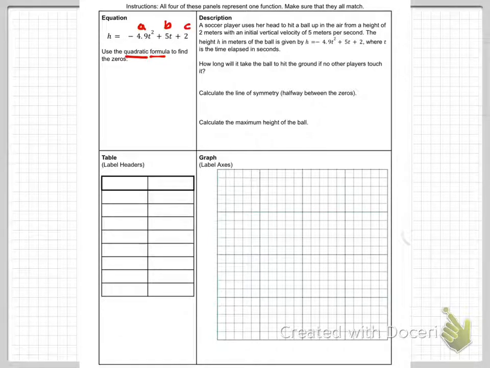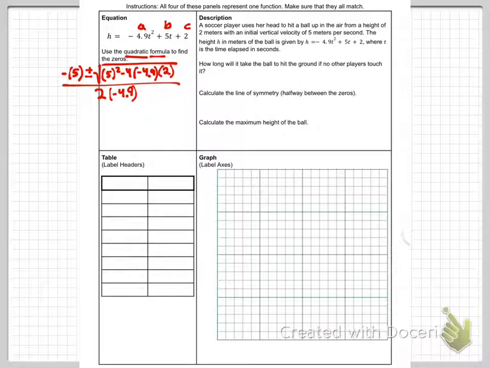So you have to identify a, b, and c. And now we start in the quadratic formula: negative b plus or minus the square root of b squared minus 4ac, all over 2a. You can type all of that into a calculator. Make sure you put it on a fraction bar or put the whole top in parentheses, otherwise it won't divide out correctly.